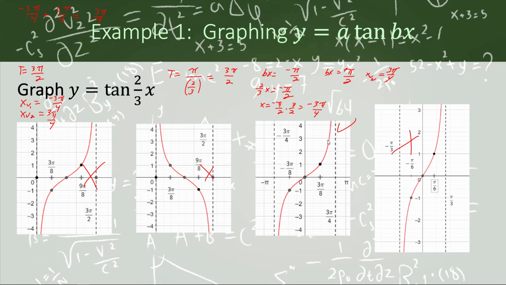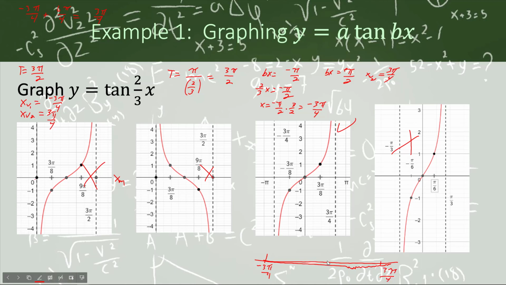Now, it would be good to go ahead and, at least for purposes of practice and illustration, to compute the 3 important points. The first one is the midpoint. I'm going to call that xm. The midpoint, xm, is going to be halfway between negative 3 pi over 4 and positive 3 pi over 4.